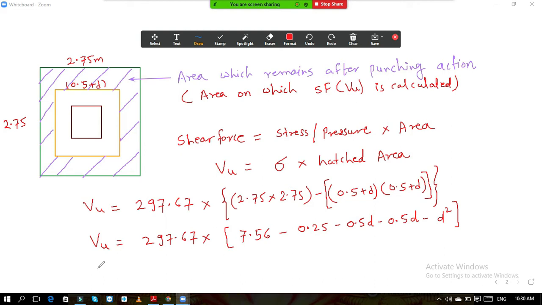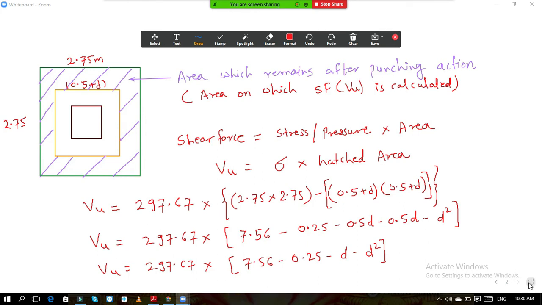So now ultimately what you will get: Vu is equal to 297.67 into, here it is 7.56 minus 0.25 minus d, minus d, minus d square. Okay, so now do the calculation and multiply the inside terms by 297.67.